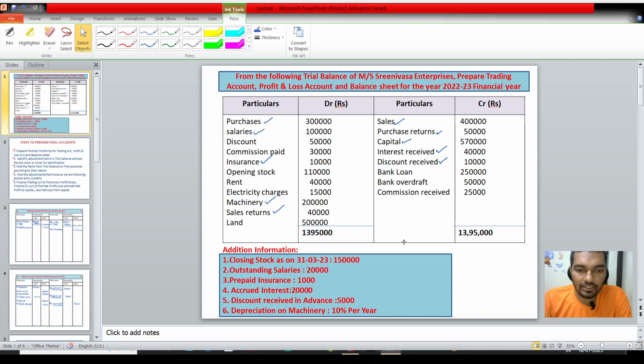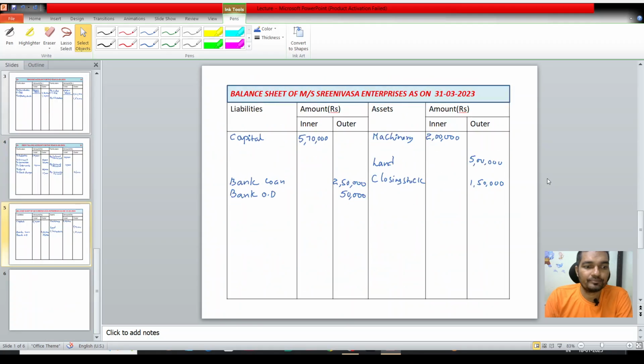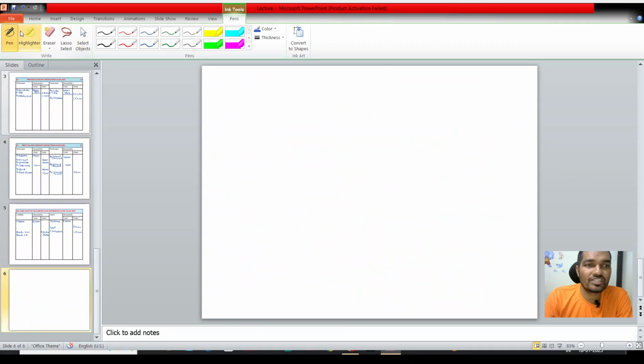The second one, outstanding salaries. See, whenever the outstanding word comes, remember this mathematical symbol, add, and show liability side.